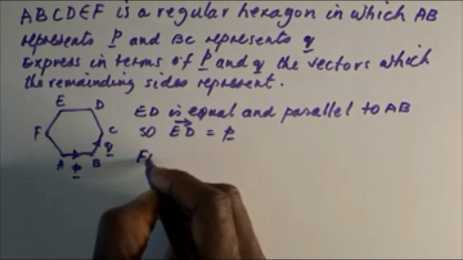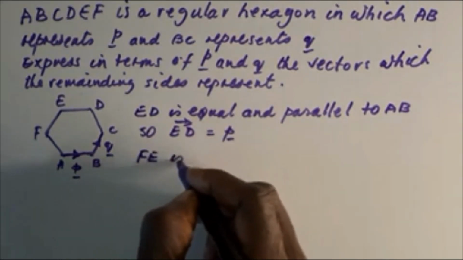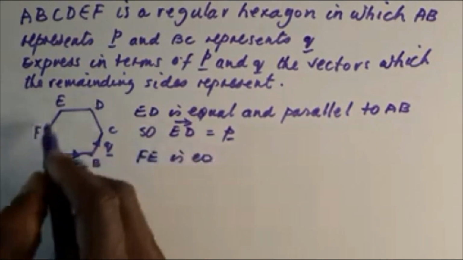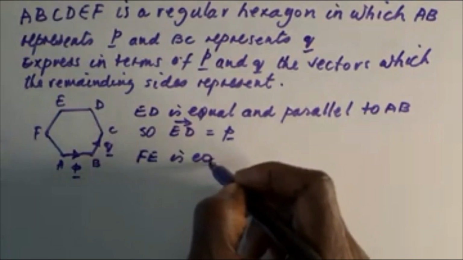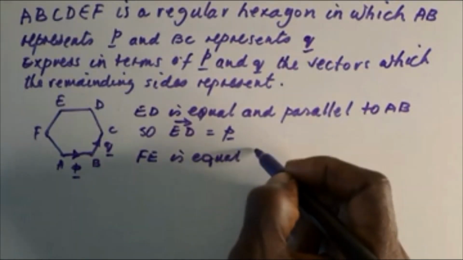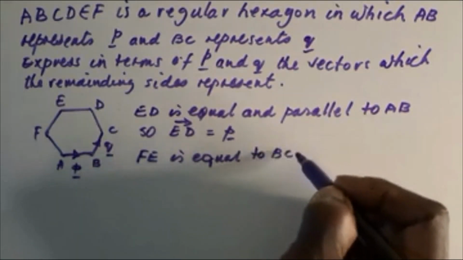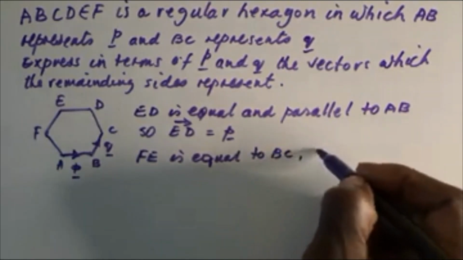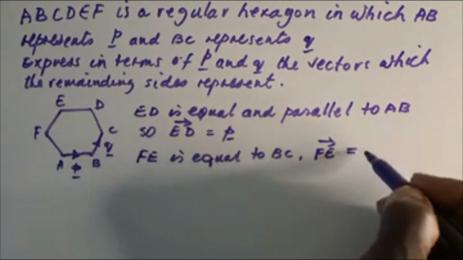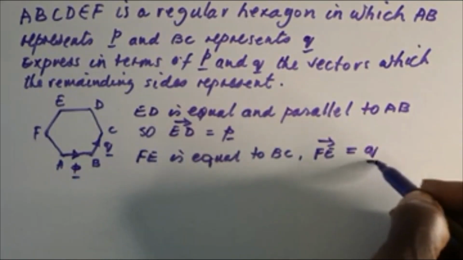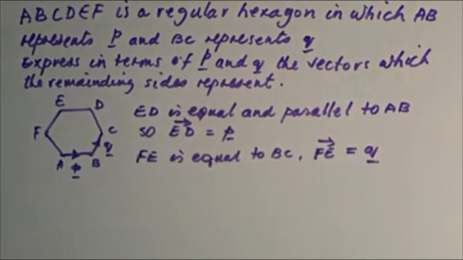Similarly, we have that FE is equal to BC. So we can write that FE is equal, or is represented by the vector Q. Now again, FE is the length.